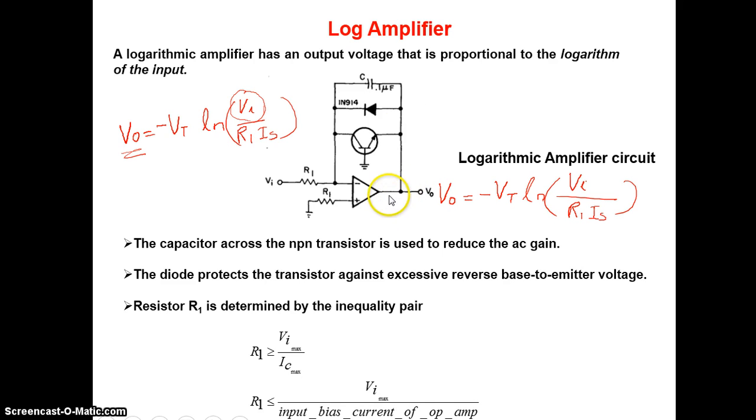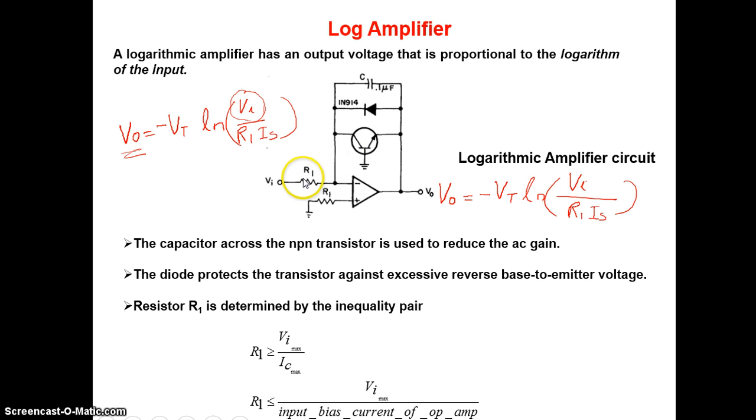Now, regarding the design parameters, for the transistor and diode there is nothing to design. You have to design the value of R1 alone. There is a range that R1 should satisfy. The value of R1 you choose should be greater than or equal to the maximum input voltage divided by the maximum IC current.